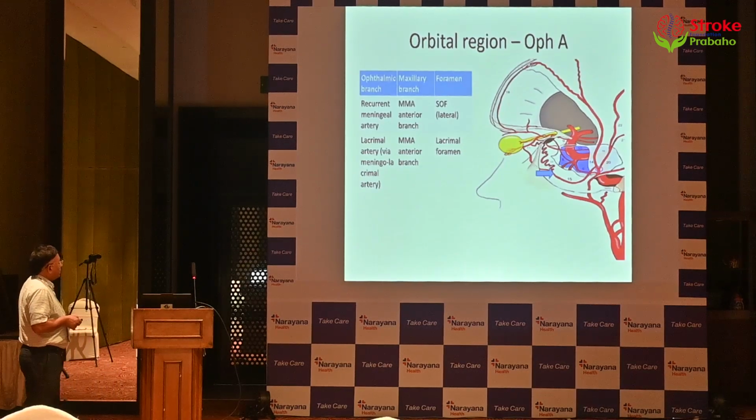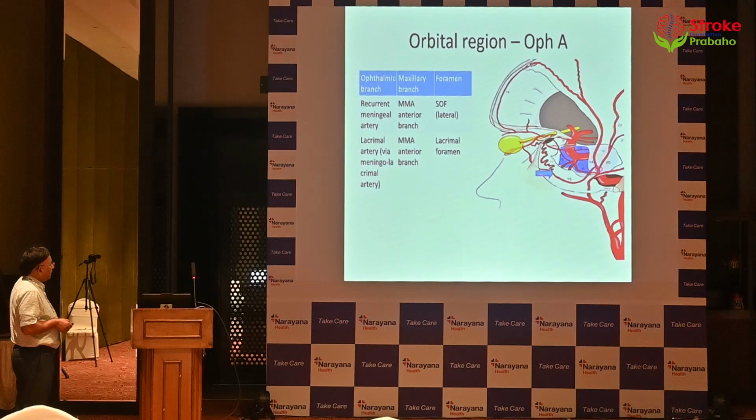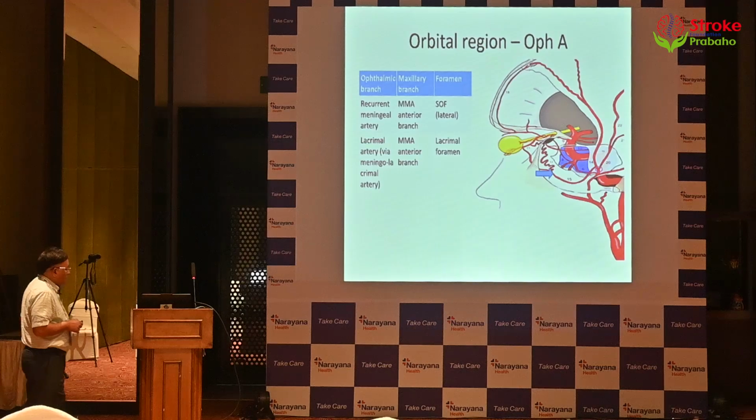In the orbital region, this is the ophthalmic artery, this is the middle meningeal artery, and this is communicating with the ophthalmic artery, anterior division. So it has communication with the recurrent meningeal artery, and it has communication with the lacrimal artery via the meningo-lacrimal branch.